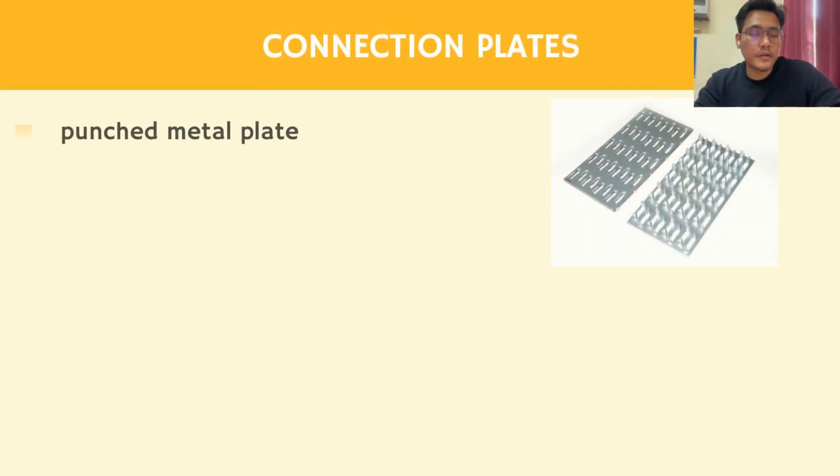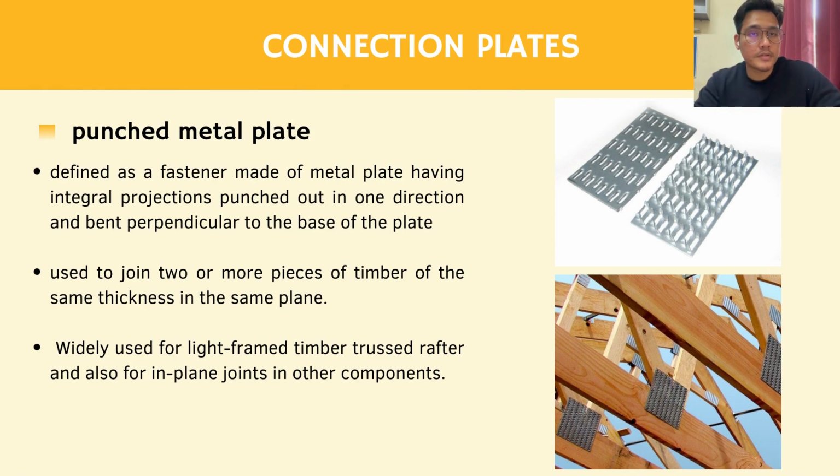Then the second connection plate would be the punched metal plates. It is defined as a fastener made of metal plates which have integral projections, punched out in one direction and bent perpendicular to the base of the plate. So what does that mean?